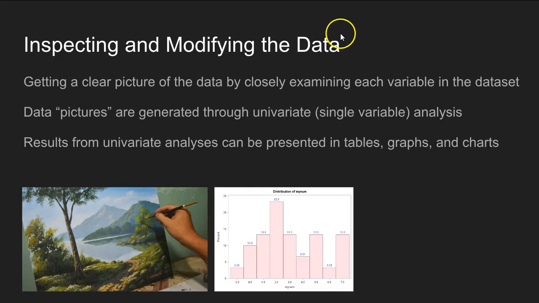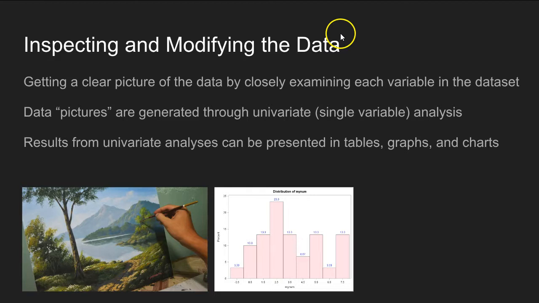The next step, inspecting and modifying the data, is where you try to get a clear picture of the data by looking closely at each variable in the data set. Usually data pictures, as one way to think about it, are generated by running different univariate analyses. Univariate means that you're looking at a single variable.